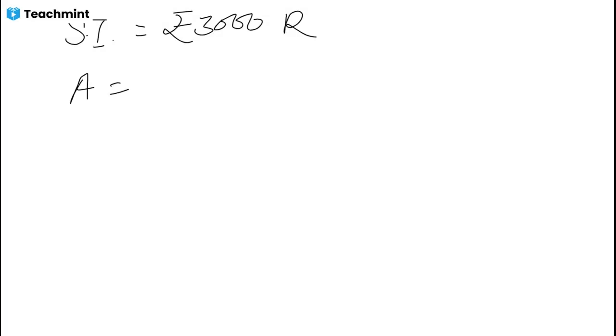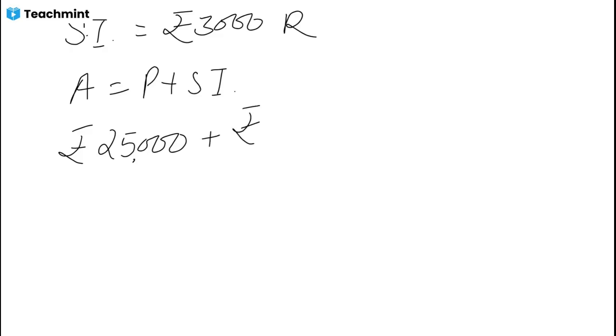So SI is rupees 3,000 into R. Amount we know very well: A is P plus SI. So P is rupees 25,000 plus SI is rupees 3,000.